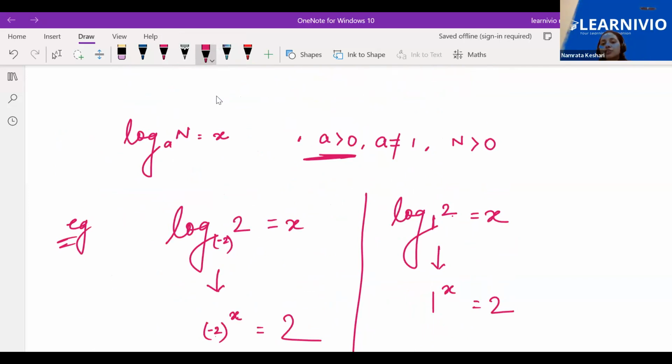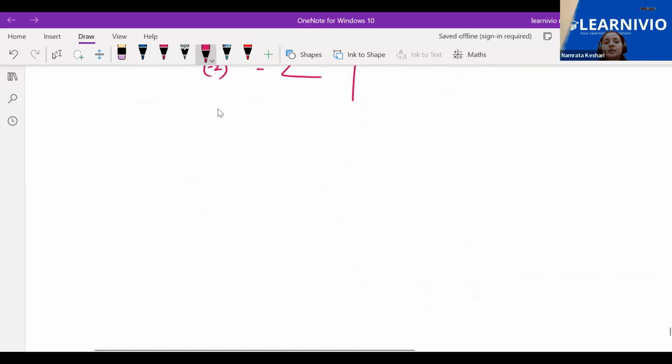Is it clear so far, Annapurna? Yes. Okay, let's continue. You have not memorized that a has to be bigger than 0, a must not be 1, n has to be bigger than 0. You have understood the concept.